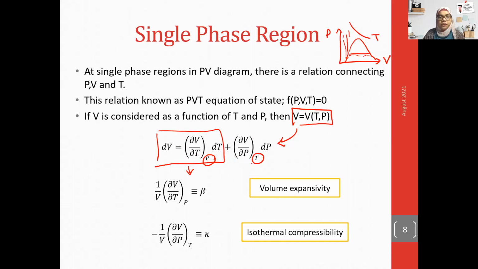For the constant pressure, this expression is known as the volume expansivity, equal to beta. For the second expression, we have the isothermal compressibility, known as kappa.